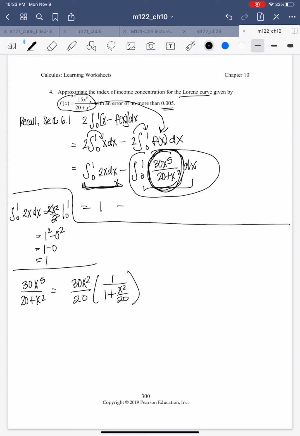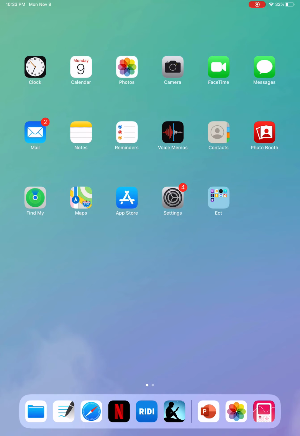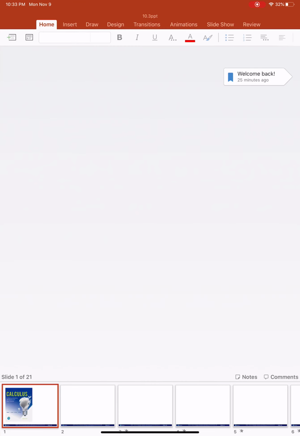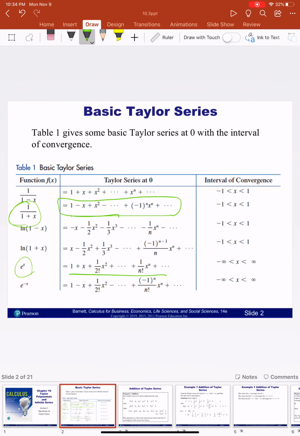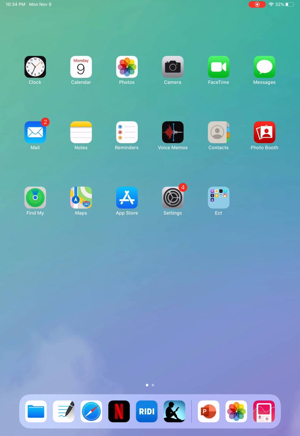Now, why did I bother to write it out this way? Because this is our Taylor polynomial. We have something like this given right over here, you can see 1 over 1 plus x terms. So I'm going to be using the Taylor polynomial so I can integrate it easier term by term.